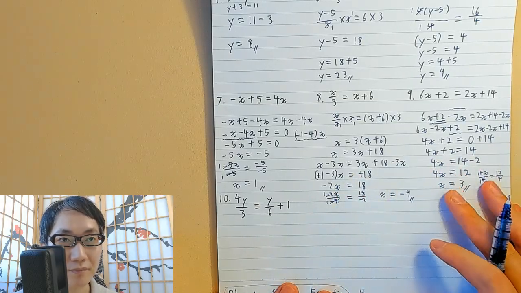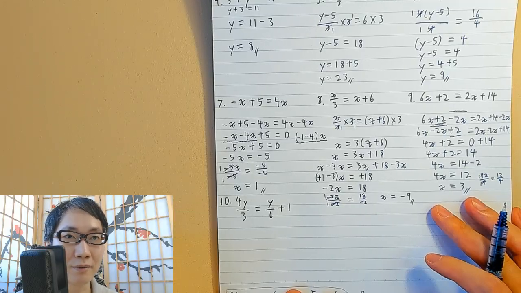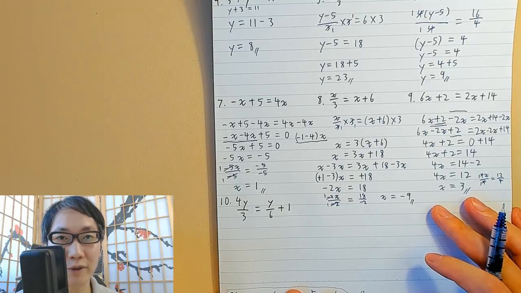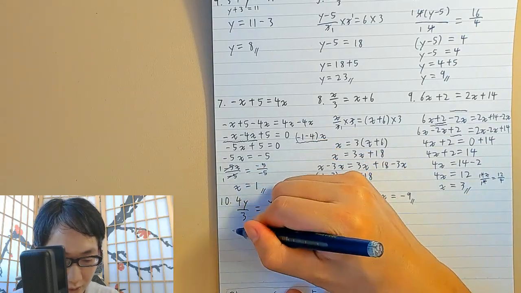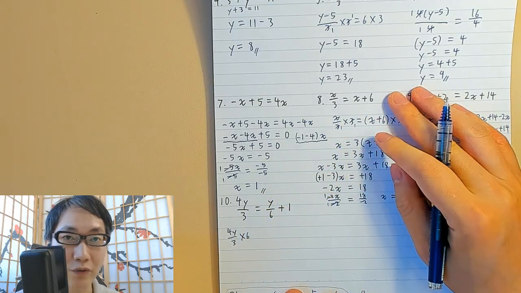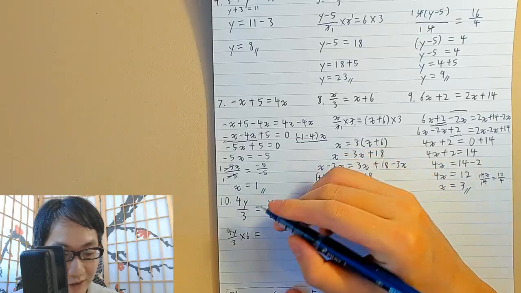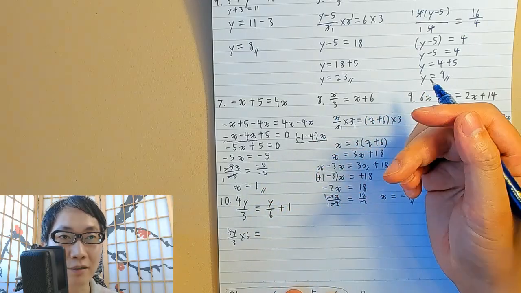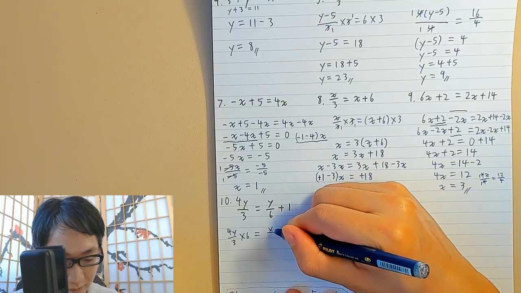Okay. So what we do is to multiply 6 to both sides. Then it also removes the denominator on the left-hand side. So we multiply 6 to both left-hand side and right-hand side. Remember we multiply 6 to the whole right-hand side, so I have to put this in a bracket.